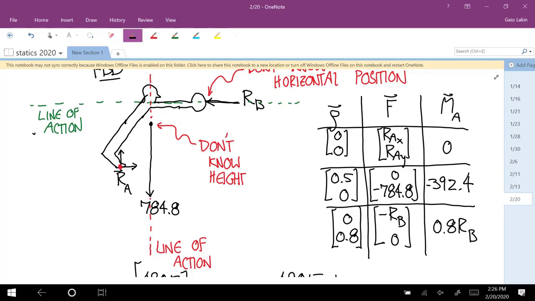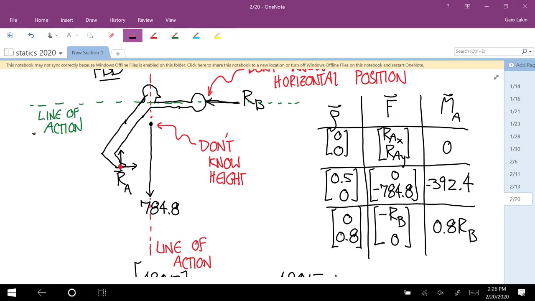Okay. And now take the cross product. You have 0.5 times this minus a times 0. It goes away. So this gives the same cross product as if we do that. That's how this line of action thing works.